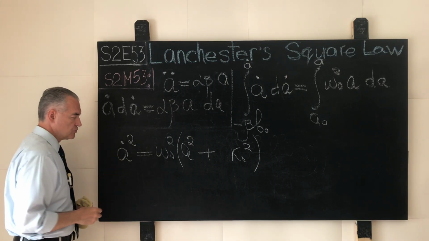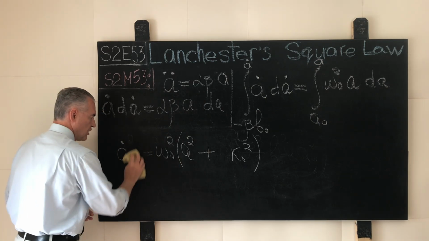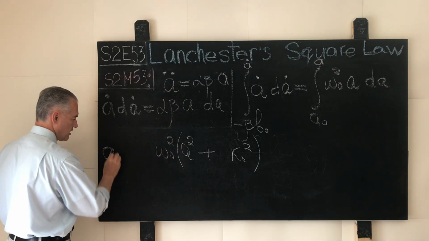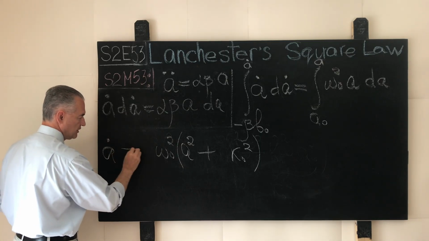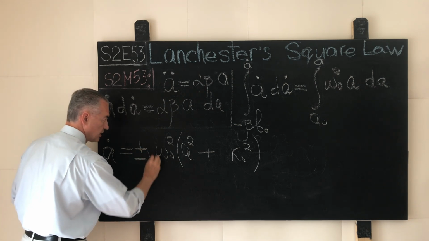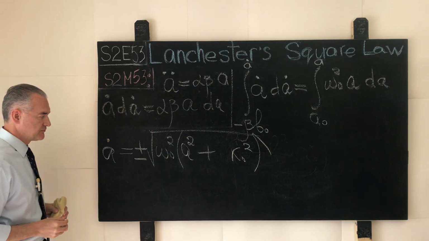Now, what do we do? We take the square root of both sides of this equation. What will we have? Here we will have a dot is equal to plus or minus the square root of this expression.